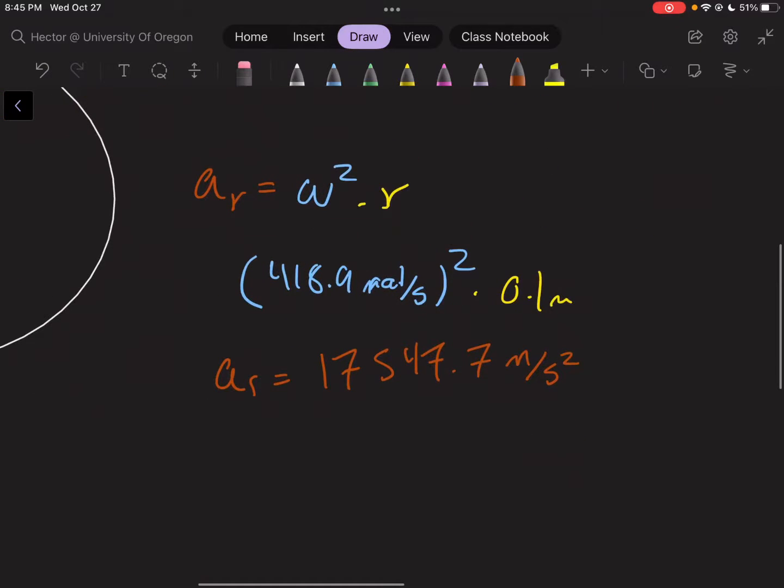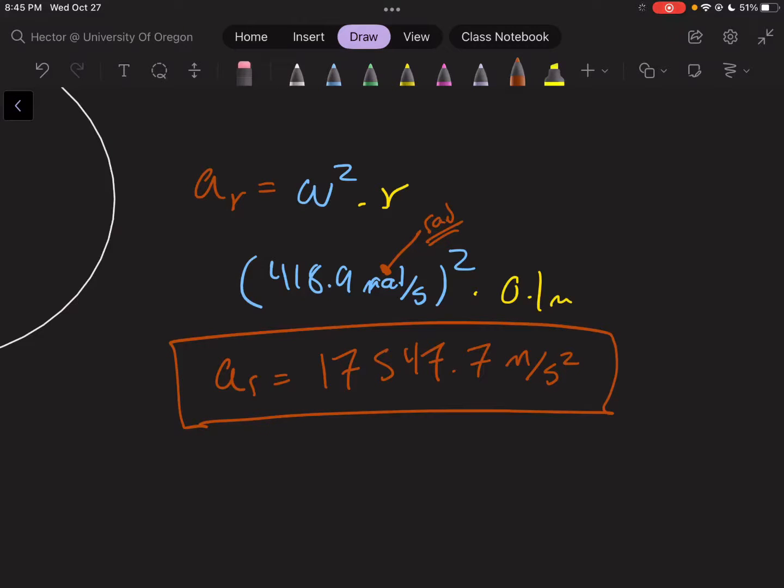So a quick caveat, this radian just kind of fades away. If you remember from trigonometry, this happens all the time. I couldn't exactly tell you why, but it goes away and we get the meters over second squared, and this is our acceleration for part A.